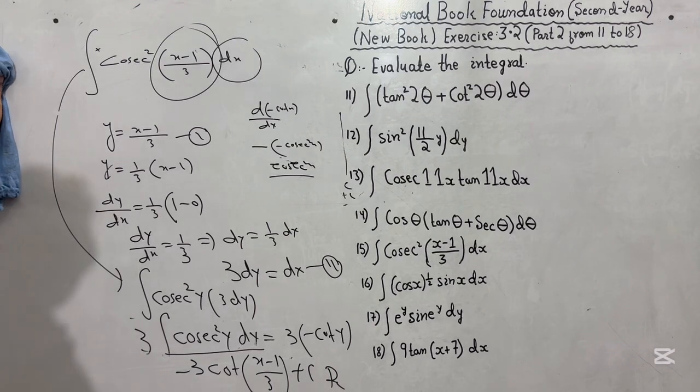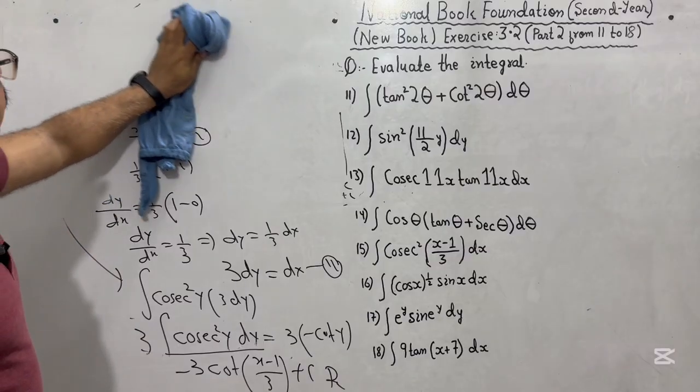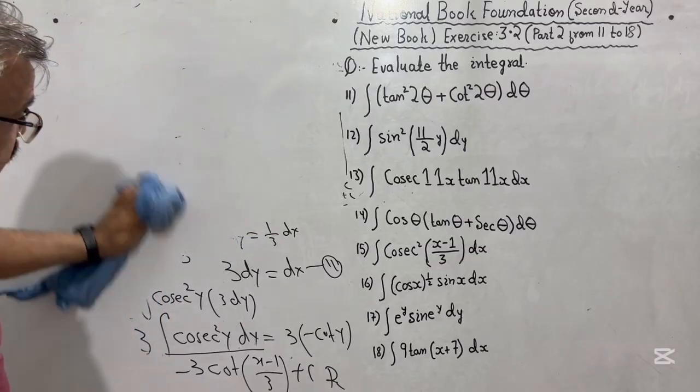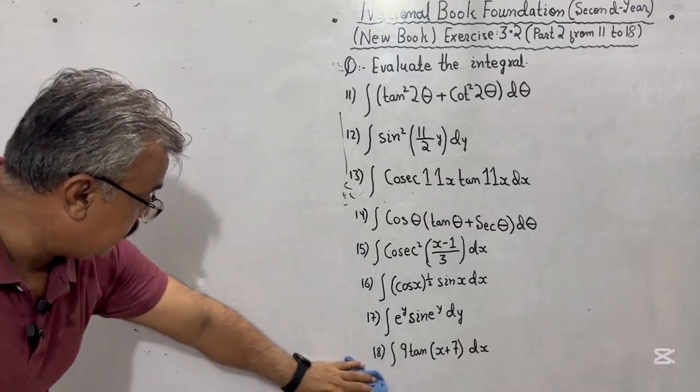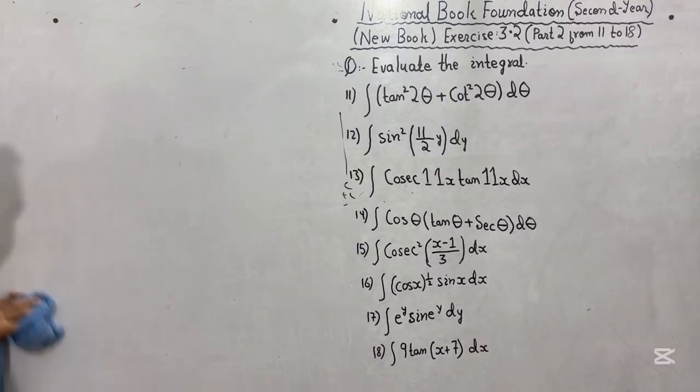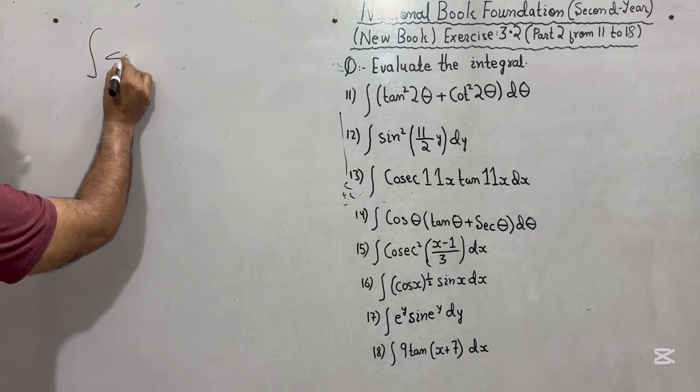Moving towards question number 16. It will broaden your horizon. In integration, I have already told you, to hunt for function and derivative. It's a wonderful strategy for solving integration.